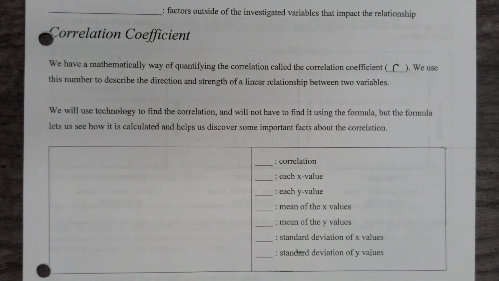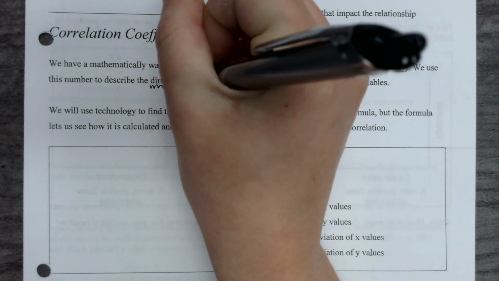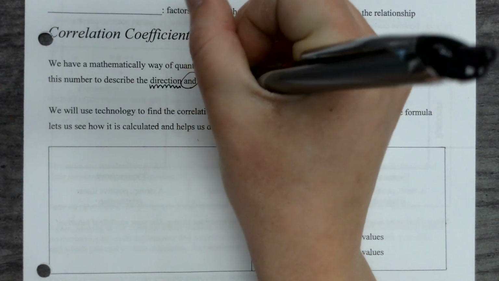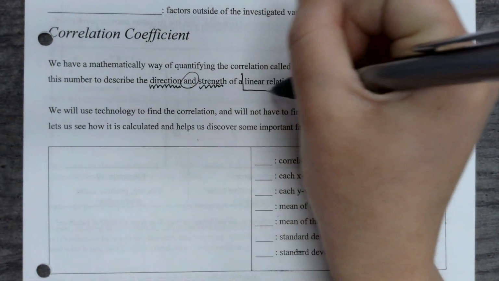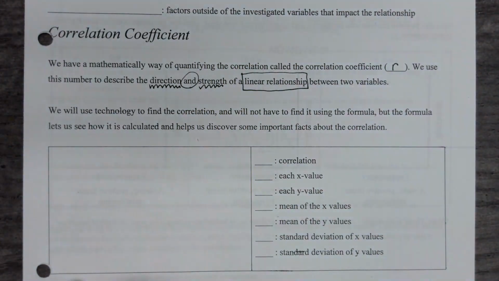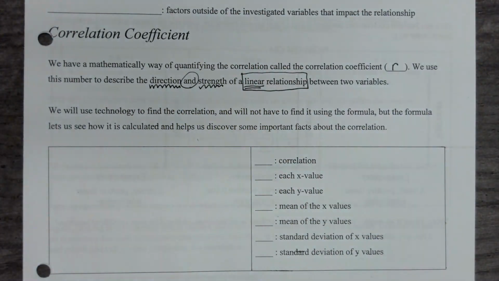When we use this number, we're describing the direction and the strength of a linear relationship only. Linear meaning our points look like they're forming a straight line between the two variables. Make sure it's only linear relationships. We're going to go through all these different facts too. But R represents the direction and strength of the linear relationship between two variables.